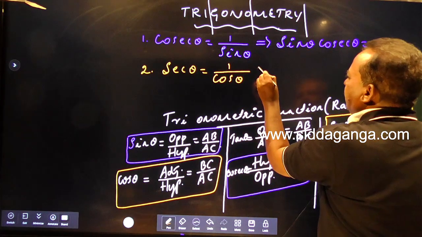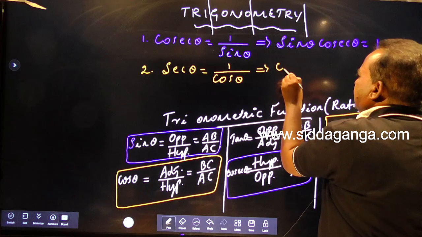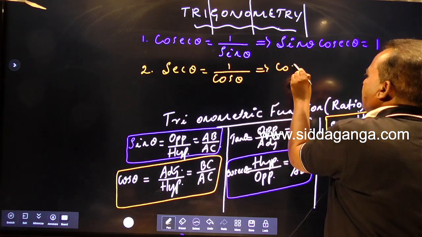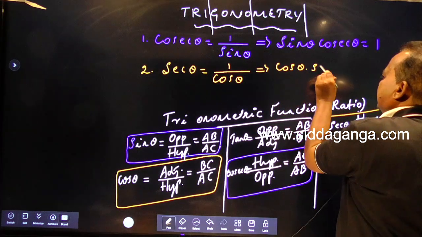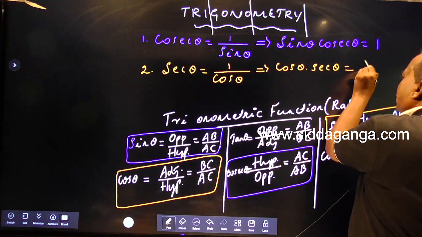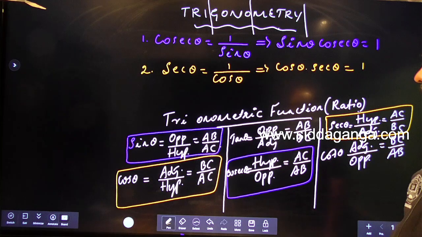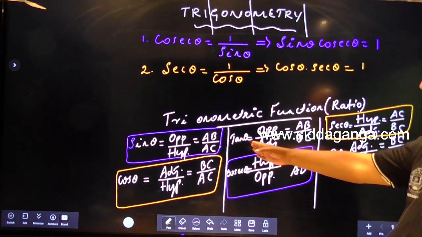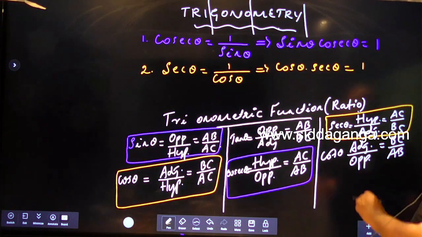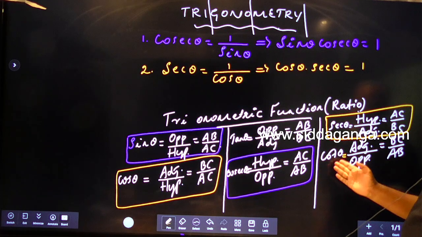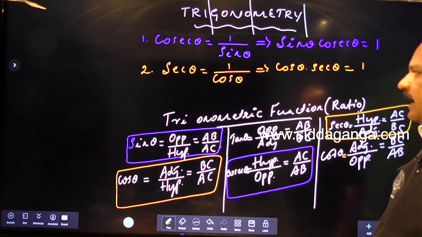Or you can also take the product of cos theta and secant theta. These are the reciprocal functions which is always equal to 1. And the remaining, that is the tan theta, is the reciprocal of cot theta and cot theta is the reciprocal of tan theta.